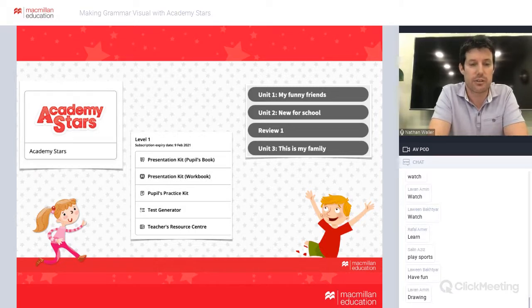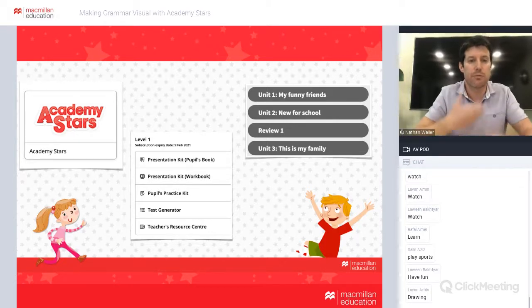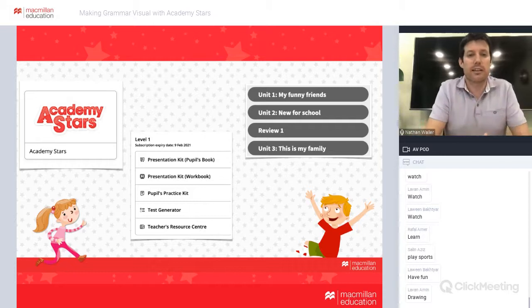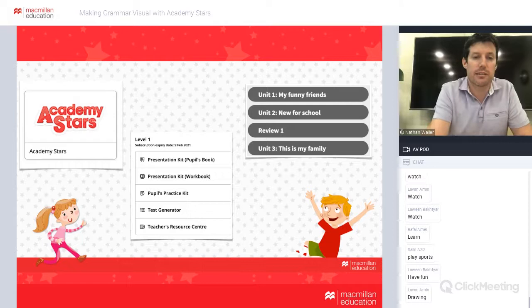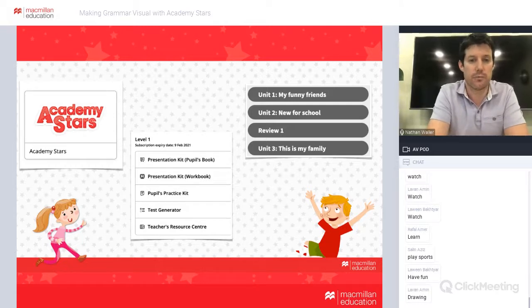Trying to remember to keep assessment for learning as much as possible. Use a variety of testing tools to keep that movement going forward, to keep recycling and generating content as you go. And then you have this kind of big list of things within the Teacher's Resource Center.